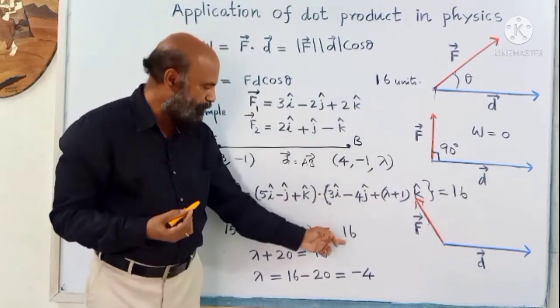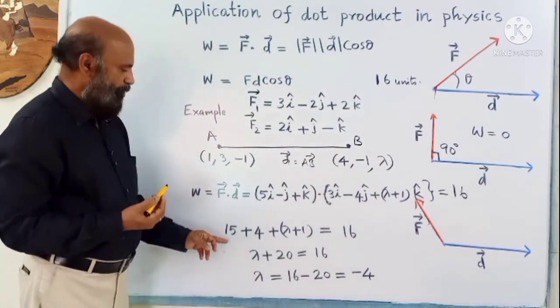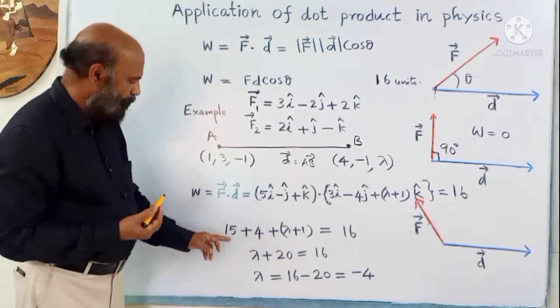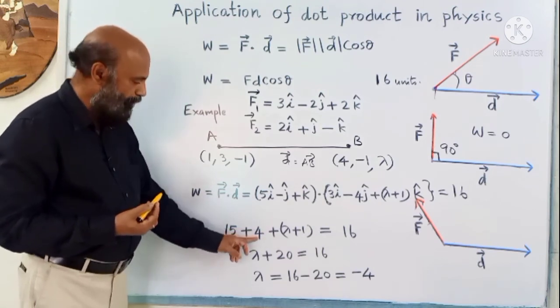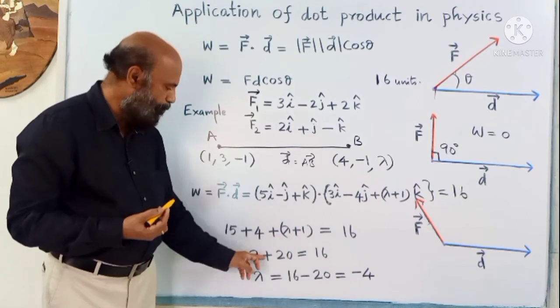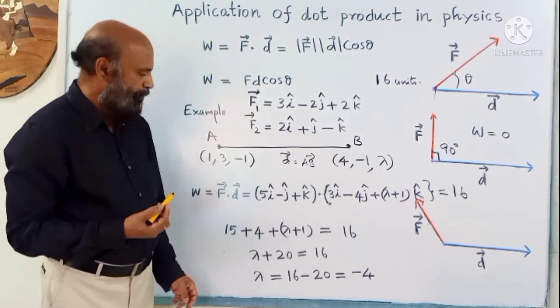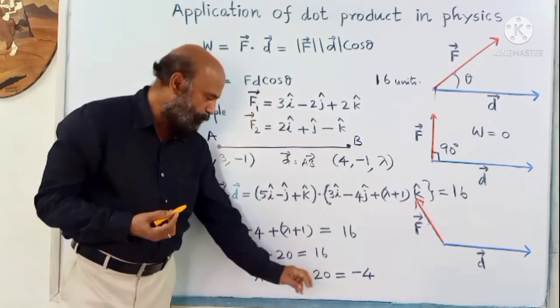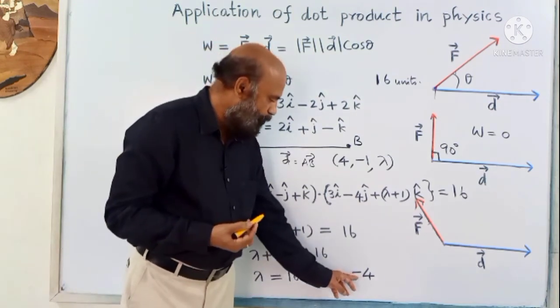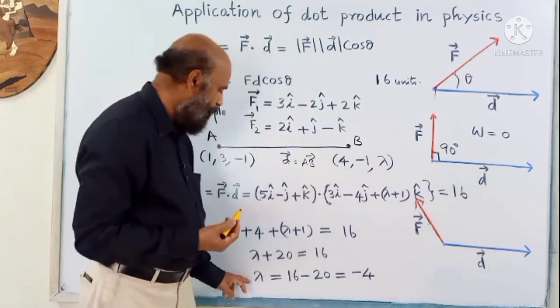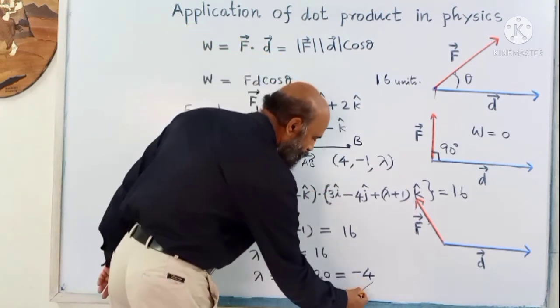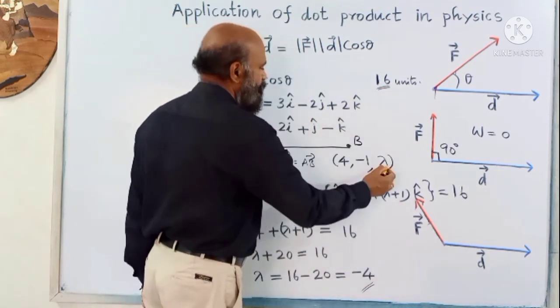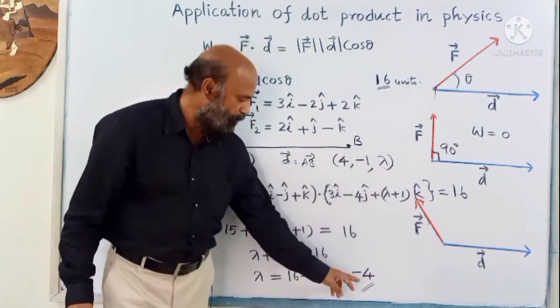Work is given to be 16 units. Then 15 plus 4 is 19, 19 plus 1 is 20, so lambda plus 20 is equal to 16. Take this 20 to the other side, so lambda is equal to 16 minus 20, so it is minus 4. Value of lambda is minus 4. If the work done is 16 units, the value of lambda is minus 4.